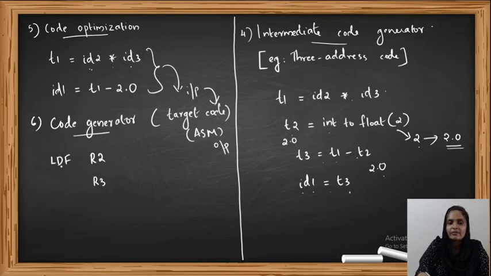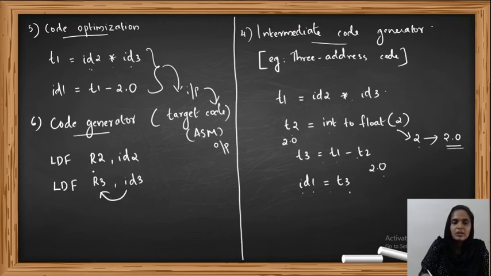So LDF, load float value ID2. This statement means that the value of identifier ID2 will be loaded to the register R2. Similarly, we have to load the value inside ID3 to some register, and we have taken R3 for that. So load float value ID3, loading the value of ID3 into the register R3.